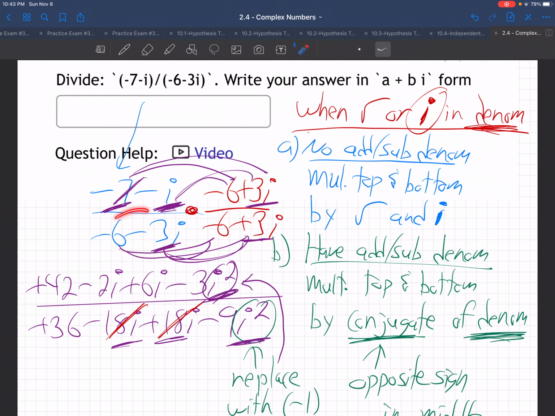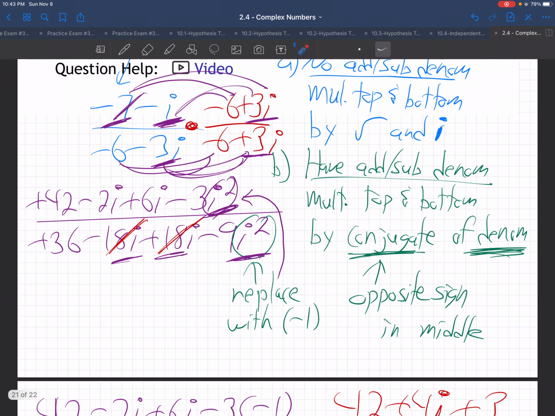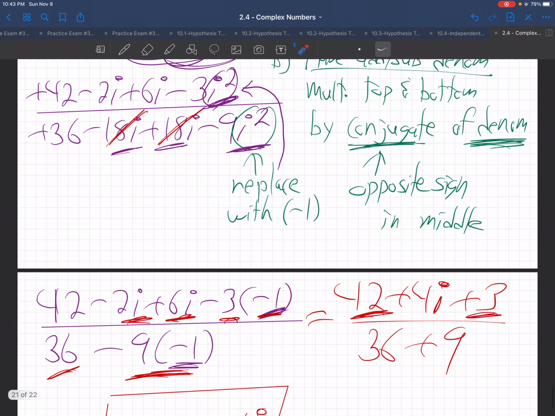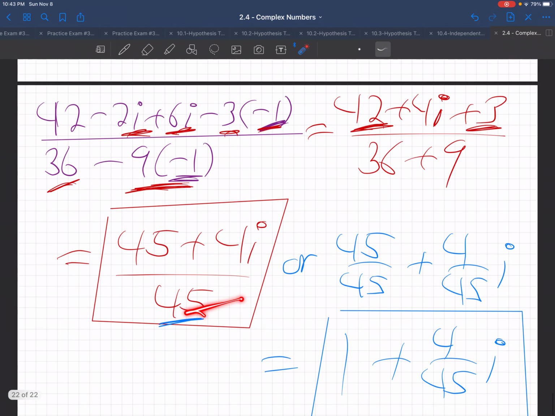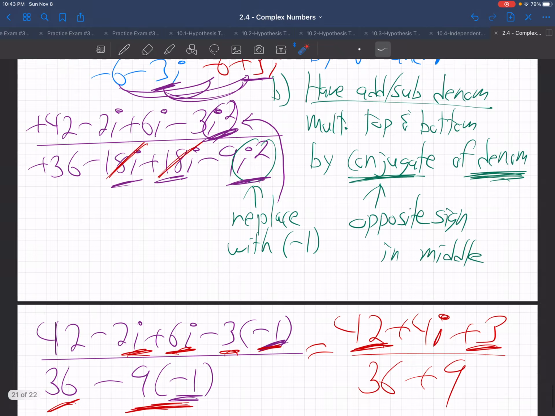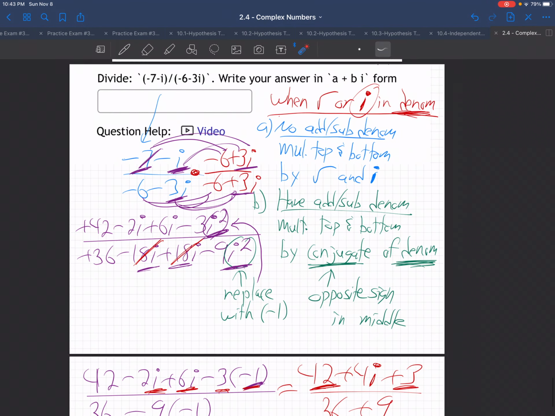So if this one had had a plus, then I would have done minus on those two, right? Then you just FOIL out the top and the bottom. Remember, i squareds become negative 1s, and then just work it all out. Look at that. No more i in the bottom. See how that got rid of the i from the bottom? Just a number down there now, or this version, same thing. That successfully gets rid of the i from the denominator.